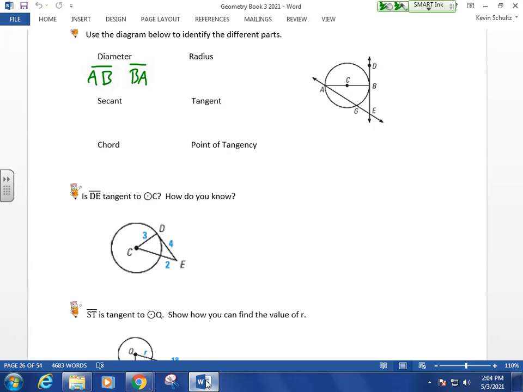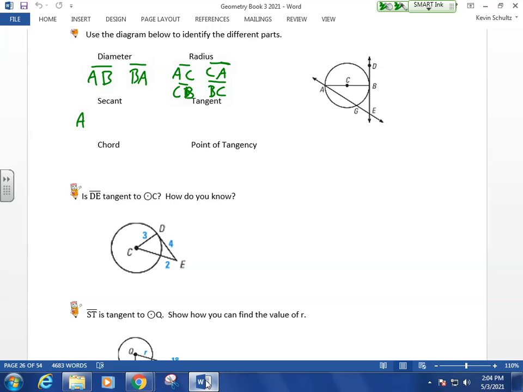For a radius, you could have segment AC, segment CA, segment CB, or segment BC. Either of those would be fine. How about a secant? What did you put for a secant? AE.